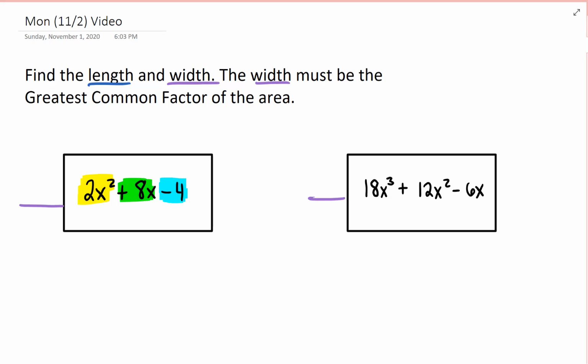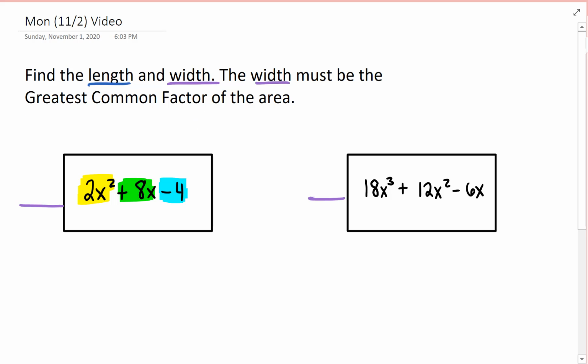Let's check if there are any x's in common. There's an x squared, there's an x, and that third term does not have an x. So do all 3 terms share an x? No. So x will not be part of your GCF, your greatest common factor.